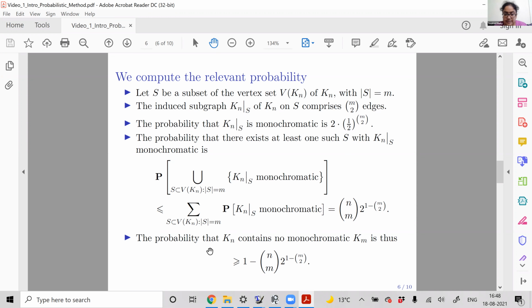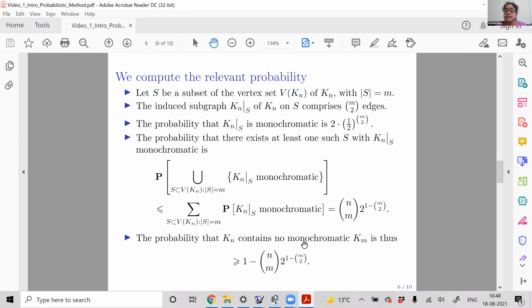So the probability that K sub n contains no monochromatic K sub M is going to be this event is the complement of this event, right? So the probability of this event is going to be 1 minus the probability of this event. And for this probability, we have an upper bound, which means that we have a lower bound for the probability of the complement event.